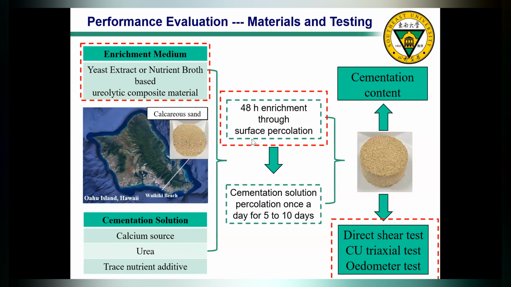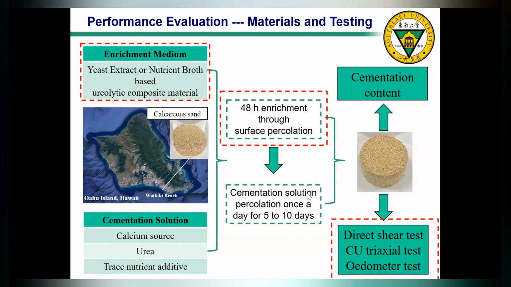Then after 48 hours, we percolate the cementation solution once a day for 5 to 10 days. The aim of this percolation is to generate bio-cementation at different levels. The longer the percolation period, the higher the cementation level we expect.